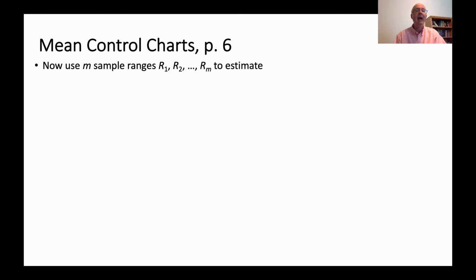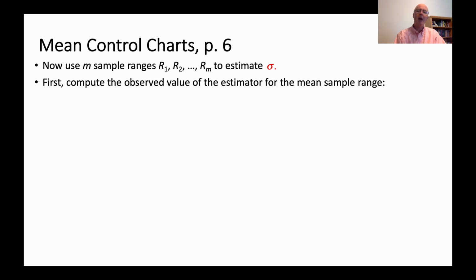So let's use m sample ranges, R1 through Rm, to estimate sigma. How? First, compute the observed value, this is a mouthful, of the estimator for the mean sample range. What's the mean sample range? That's E of R, the expected value of R. For fixed n, that's going to be a constant.